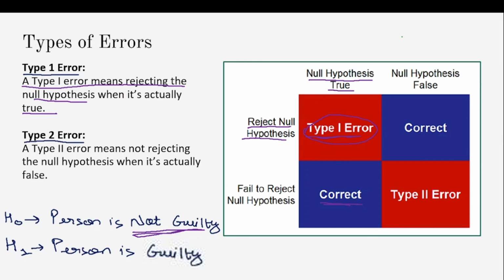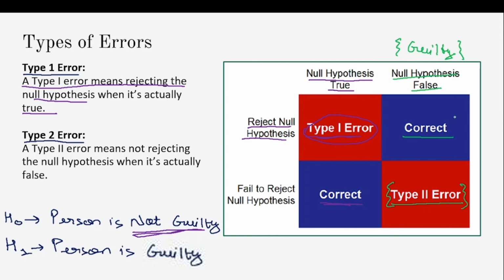Now, in the other case, let us consider that the null hypothesis was actually false. That is, the person was actually guilty. In this case, ideally, I should reject the null hypothesis. But suppose instead of rejecting the null hypothesis, I accepted it. In this case, I will get the type 2 error.